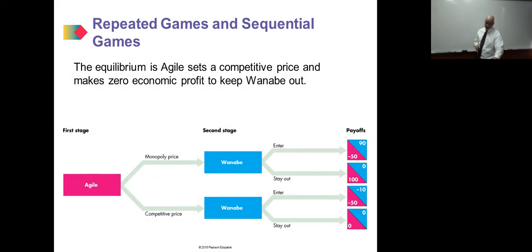Equilibrium is when Agile sets a competitive price and makes 0 profit. We want to be out. If they are setting a competitive price, they're not realizing profit, but they are keeping out the competition.